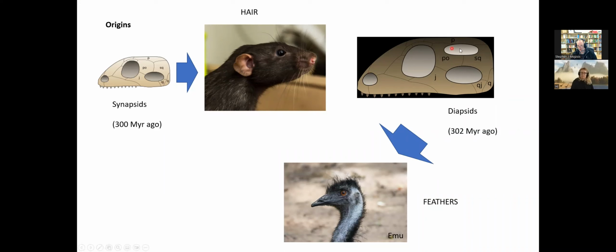Eye, nose, two holes. Diapsids, two holes in the skull. The diapsids, of which reptiles are a member, of which dinosaurs were a member, of which birds are a member, like this emu over here.